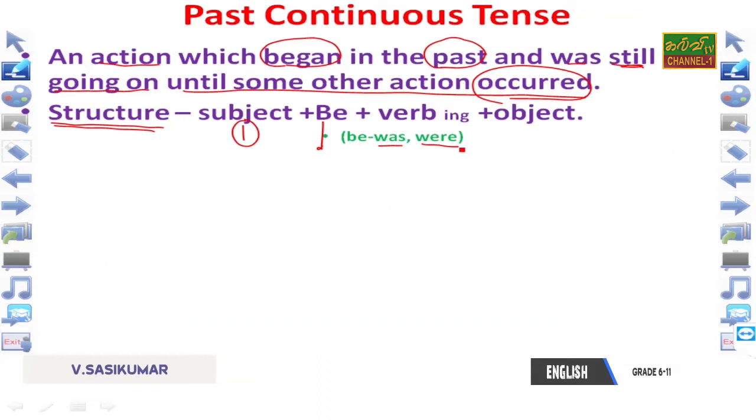Be verb was, were. Then as usual, you know well, verb 1, present tense verb plus ing form. Then we can write the object. Those three things are very necessary: subject and helping verb, be verb and verb 1 ing form, then object.